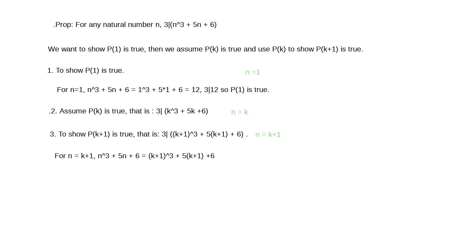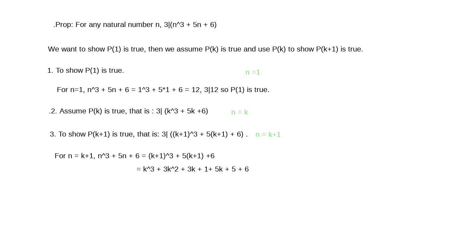So this is the expansion of (k plus 1) cubed. Then plus 5 times k plus 1, that's 5k plus 5. Then plus 6. I just expand the first (k plus 1) cubed. That's k cubed plus 3k squared plus 3k plus 1. Then 5 times (k plus 1) becomes 5k plus 5.